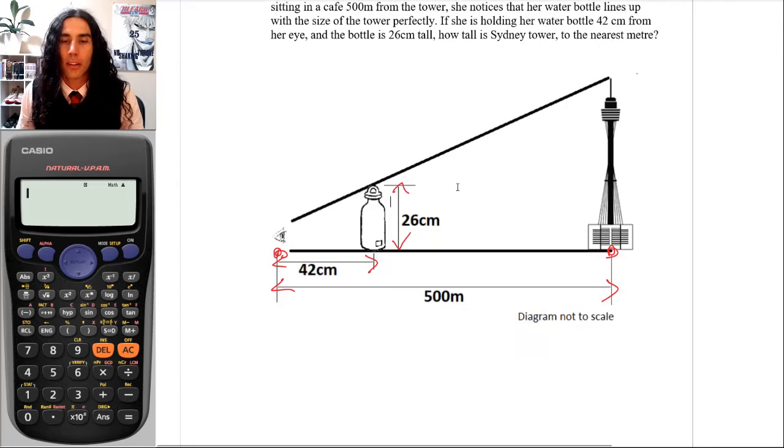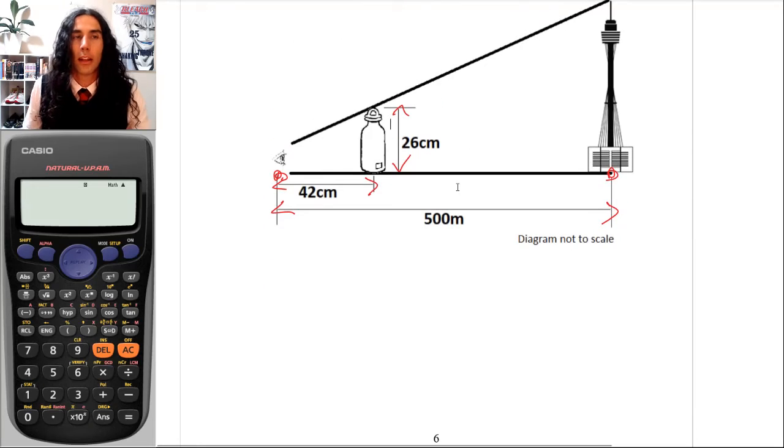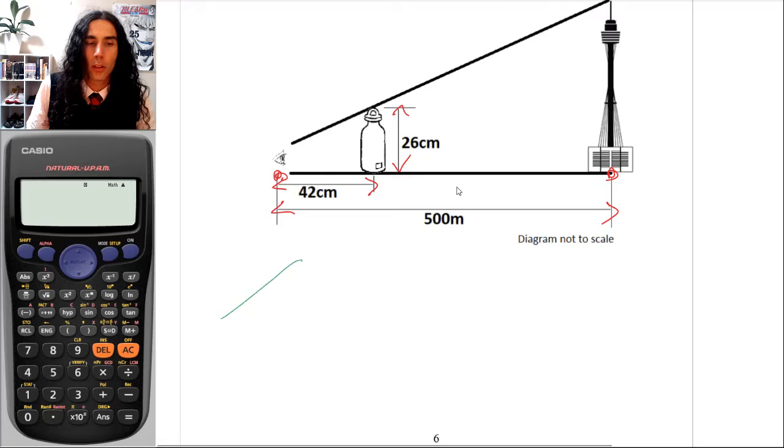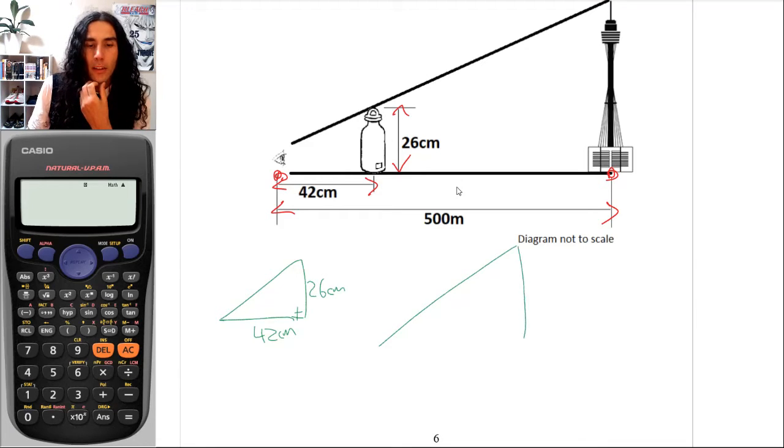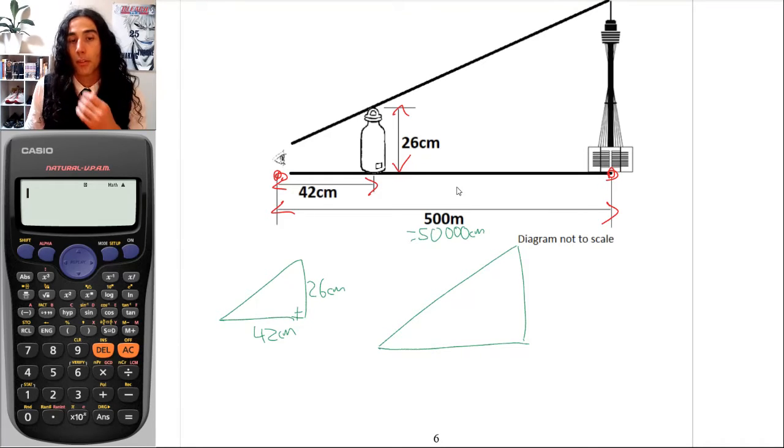How tall is Sydney Tower? Diagram not to scale. They do that so you can't just use a ruler and figure it out. Redraw it. You've got two triangles. 42 centimeters, 26 centimeters. Now this is A level, so the units are a bit weird. It's 500 meters, which is 50,000 centimeters.